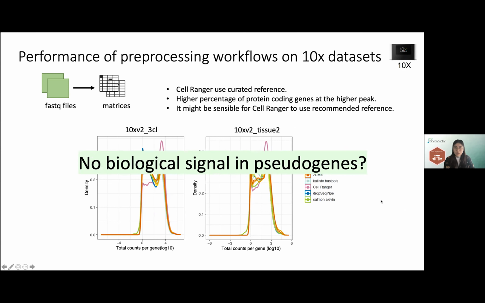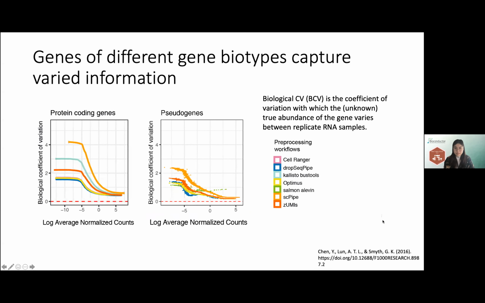So I generated a BCV plot to find the answer. Here is the definition of the BCV. In other words, it tells you the proportion of gene expression attributed to variability, which means a higher value means more variability in gene expression, in other words, more biological noise.